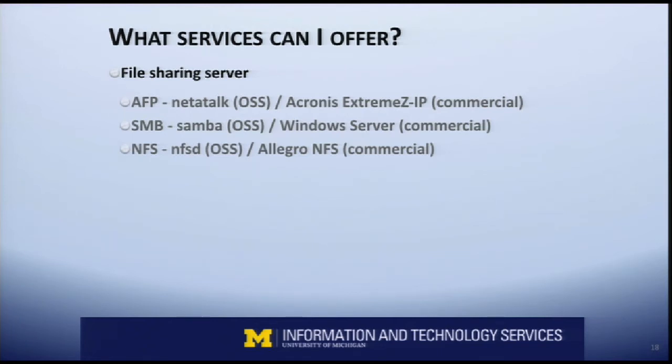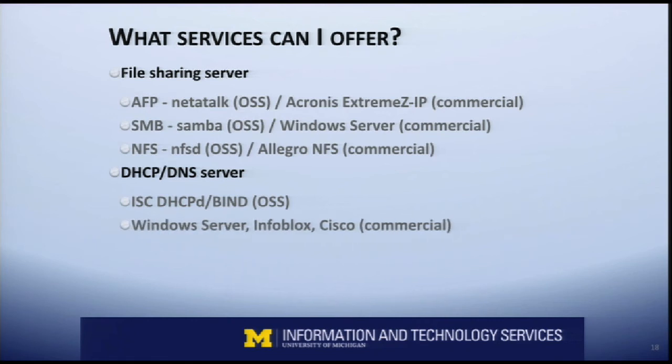NFS, OS X pretty much uses NFSD as well. So that's a one-to-one switch you can make. And there's commercial NFS servers too, so Allegro is one of them that is available out there. For DHCP, DNS, pretty well-known names, I would say. Again, Apple uses these tools as well, DHCP and BIND.